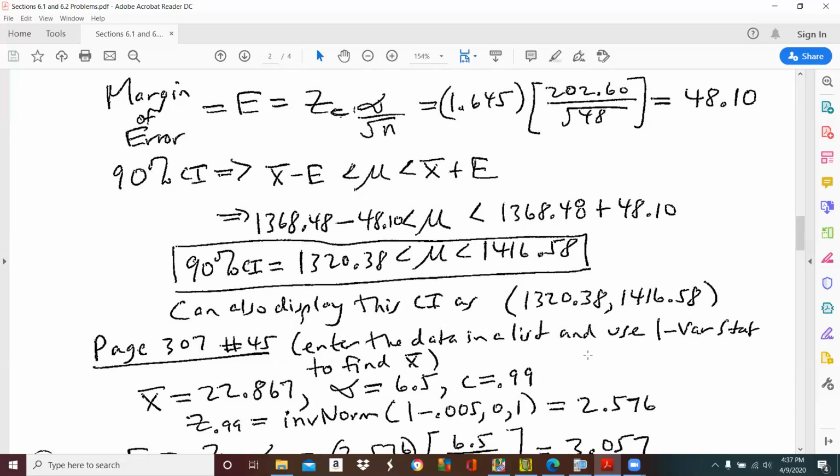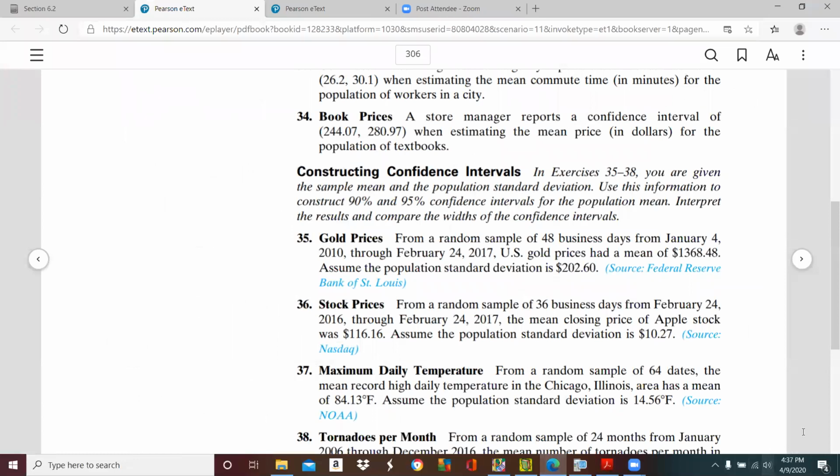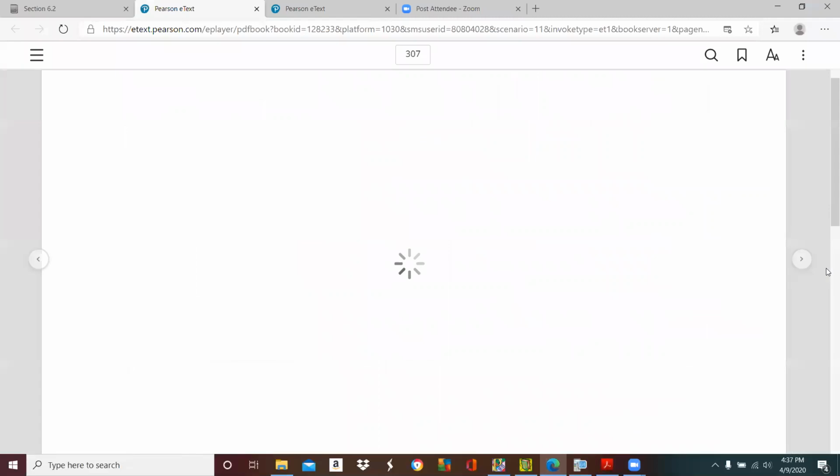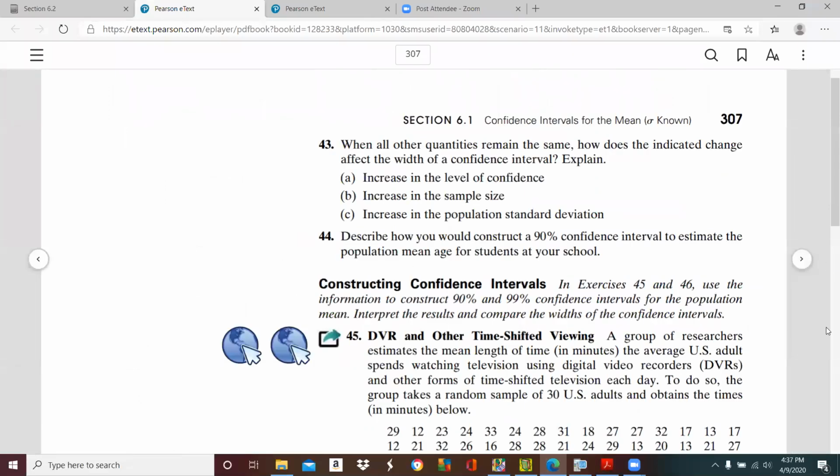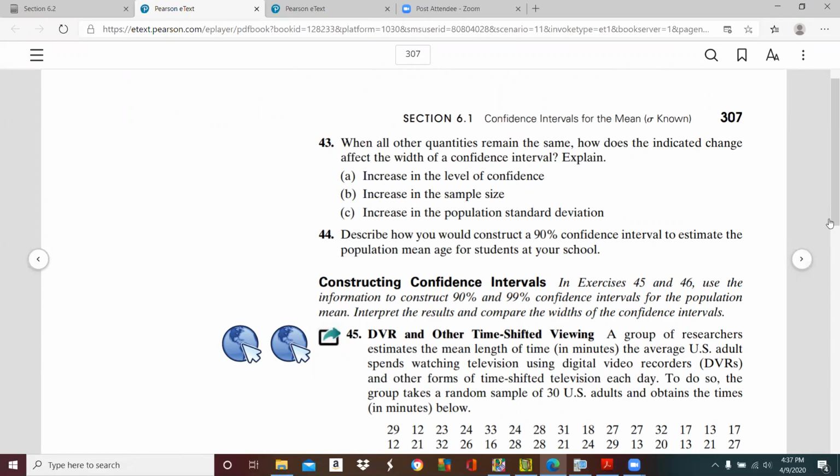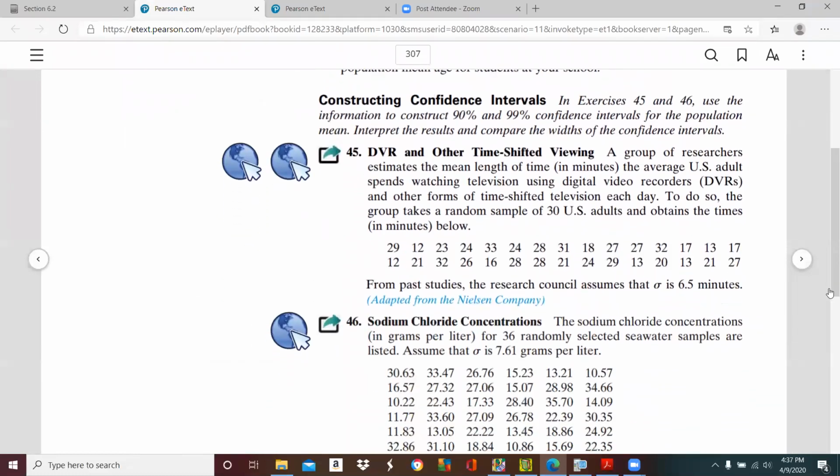All right, let's look at page 307, number 45. So we go to the next page. All right. So this is another confidence interval problem. Now, the reason I wanted to show you this is sometimes you're not given the sample mean. You have to actually figure it out.